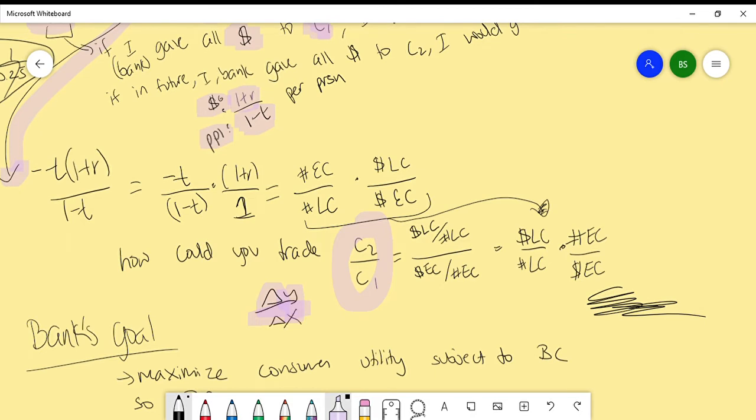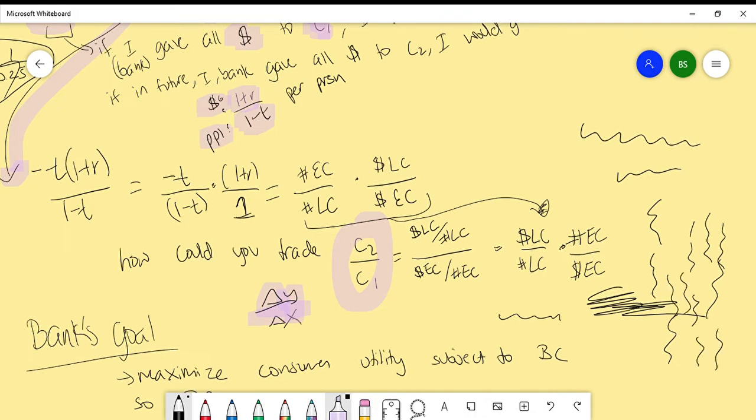I'm not even going to lift my pen up, because if I take it off, it's going to stop working. So it's change in Y over change in X, basically change in C2 over C1, but I'm just going to leave it as C2 and C1. C2 is the total money that the late consumers get divided by the number of late consumers there are.